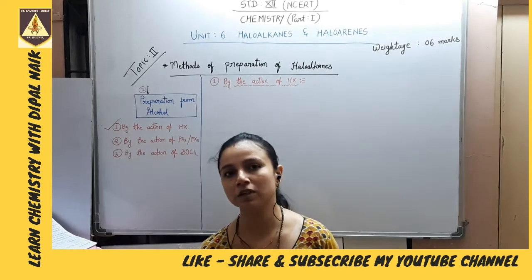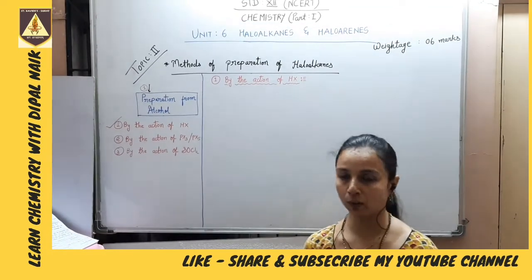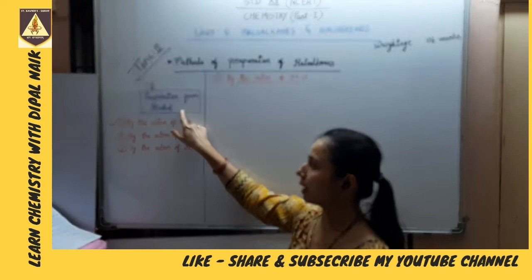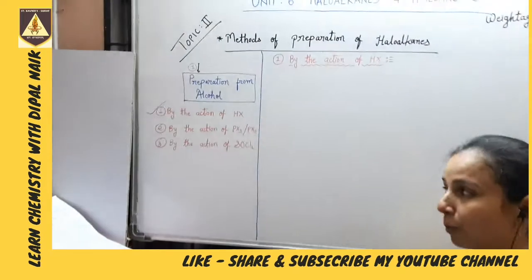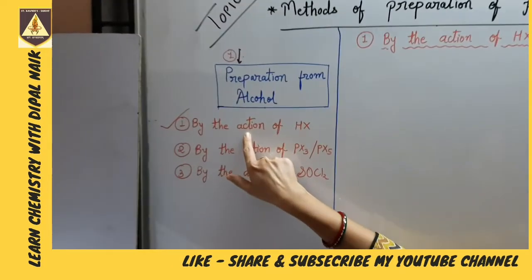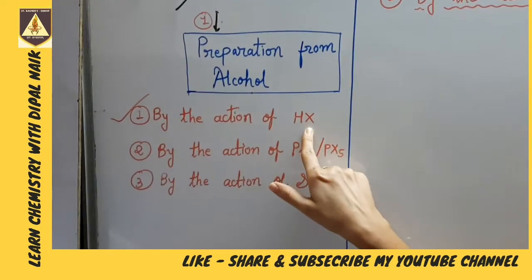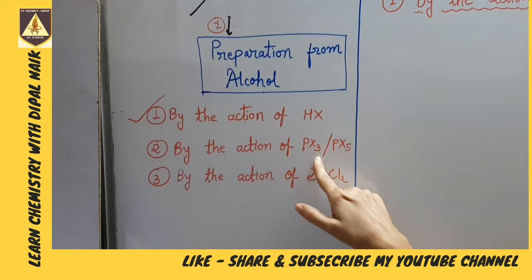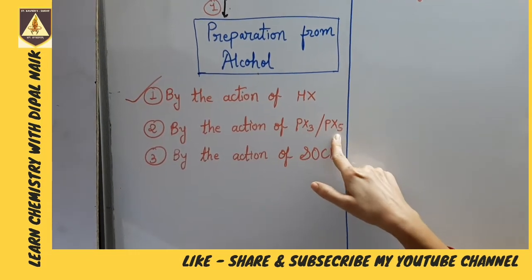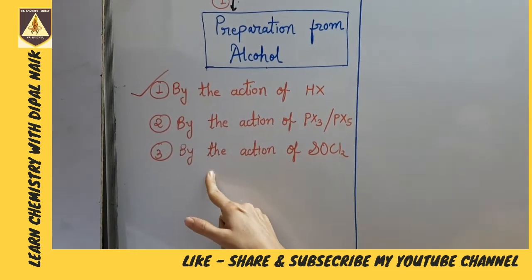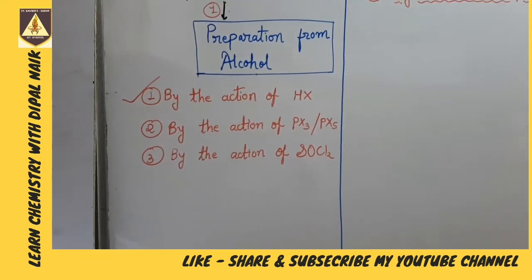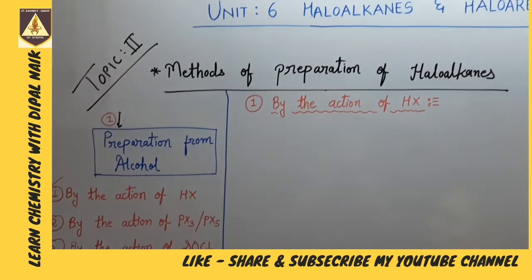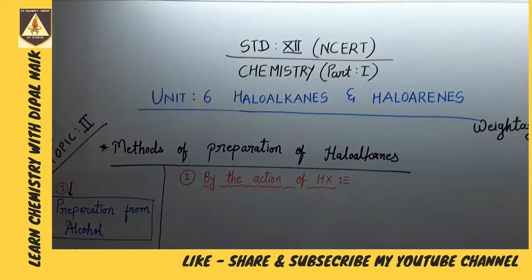Now we see our first method of preparation of haloalkane, which is preparation from alcohol. There are three methods to prepare haloalkane from alcohol. The first one is by the action of HX halogen acid, then by the action of PX3 or PX5 phosphorus halide, and by the action of thionyl chloride. First we see by the action of HX, how we prepare haloalkanes from alcohol.